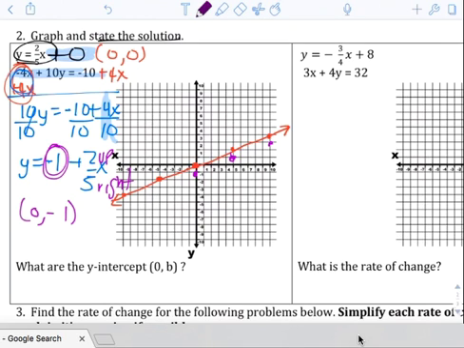Up 2, right 5 each time. Down 2, right 5. They never meet. This line is called parallel. What is the solution? No solution. The lines are parallel.